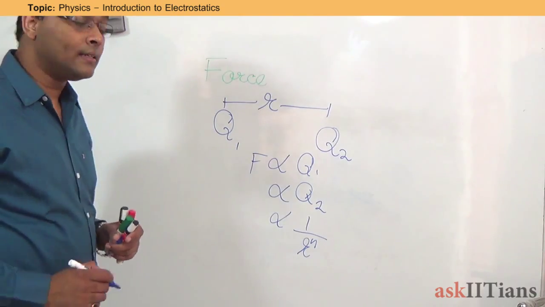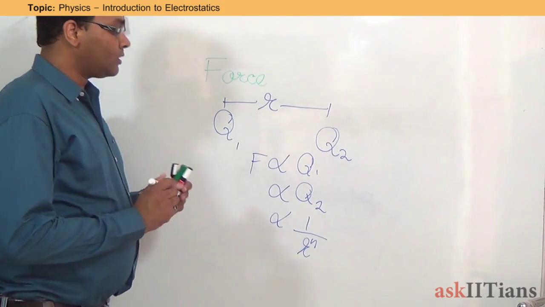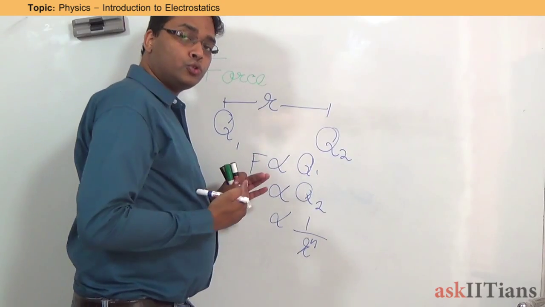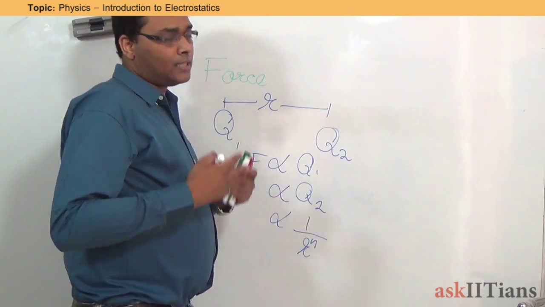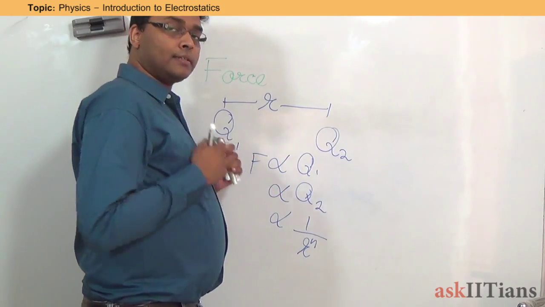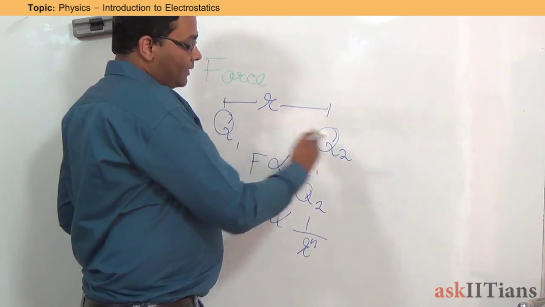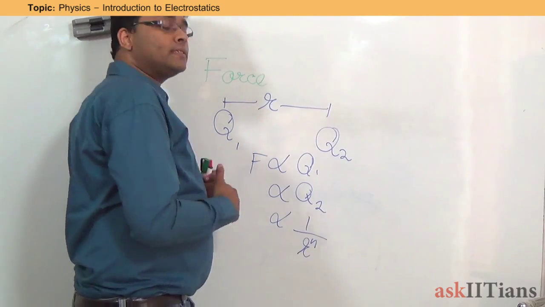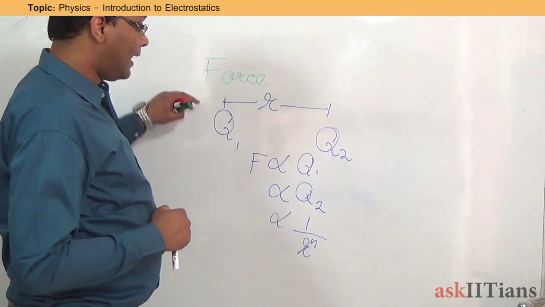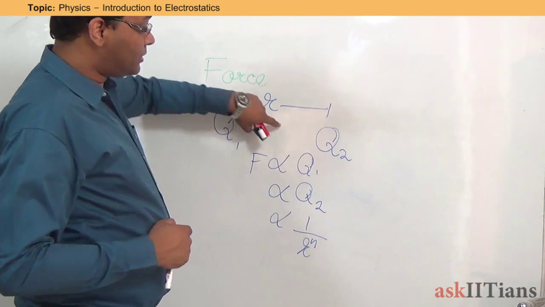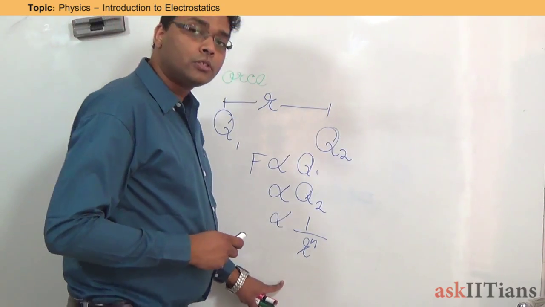Why have I written an inverse power? Let me explain. If I bring the charges close together, obviously the force, either of attraction or repulsion, just by common sense, should increase. Whereas if I take the charges away, the force should decrease. So the force between these two charges should be inversely proportional to some power of the distance.